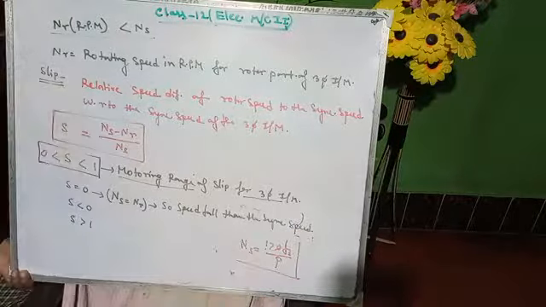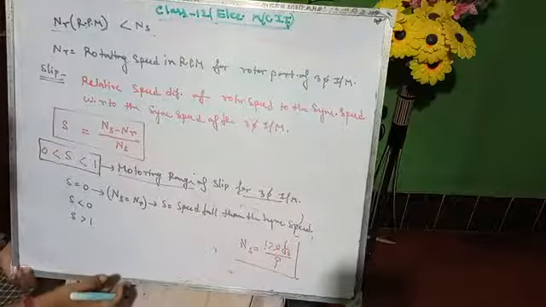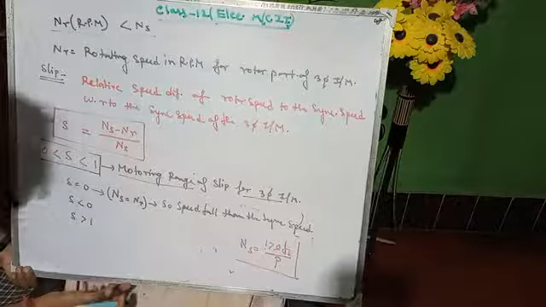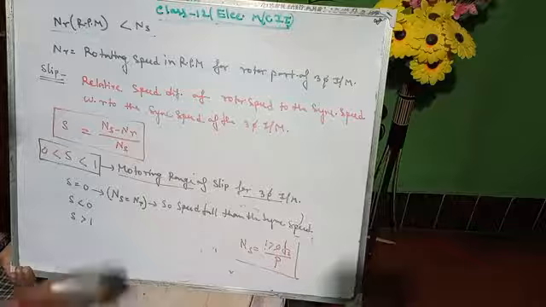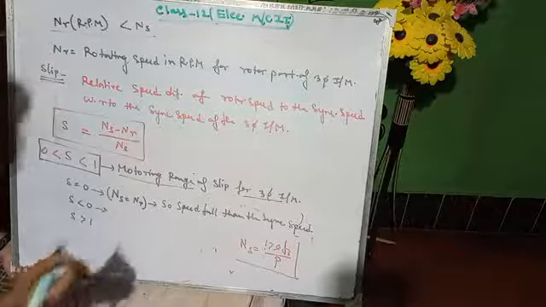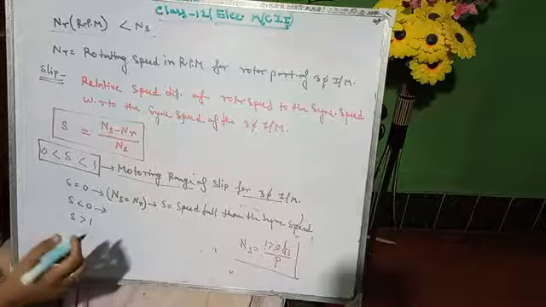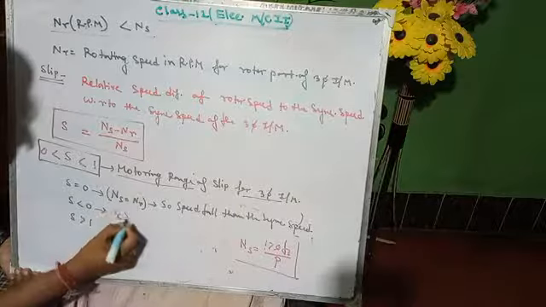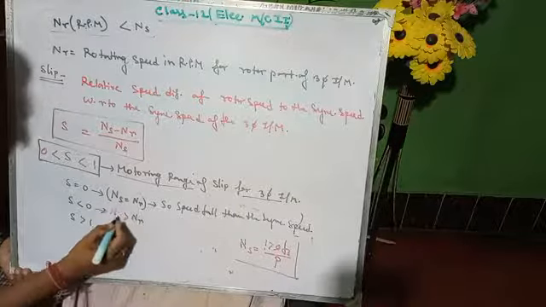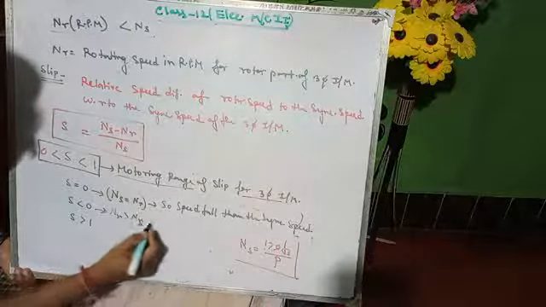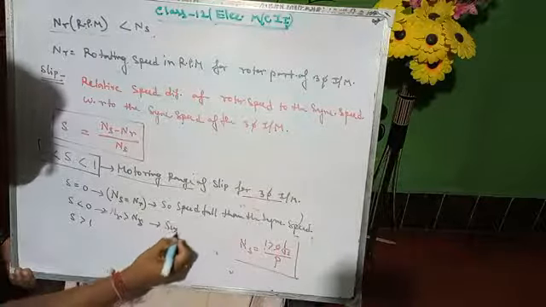So this is called Ns equals Nr. S less than 0 means Ns is less than Nr. Sorry, Nr is greater than Ns, which is called super synchronous speed.